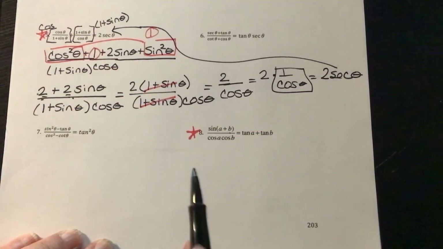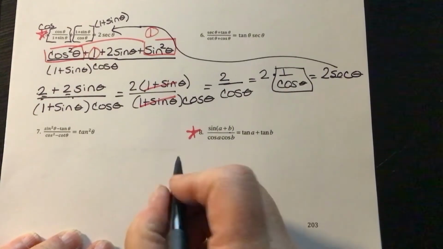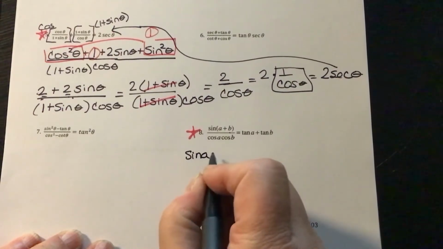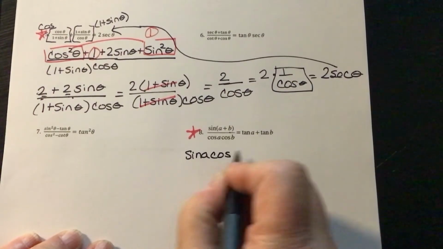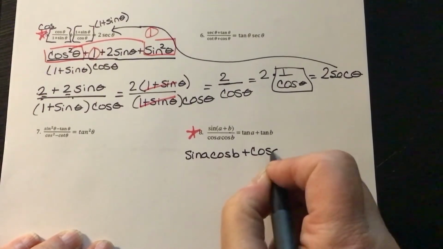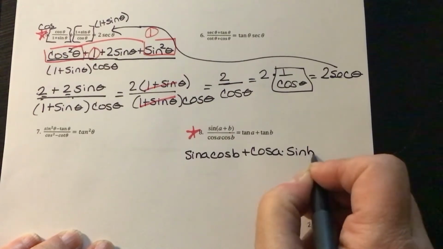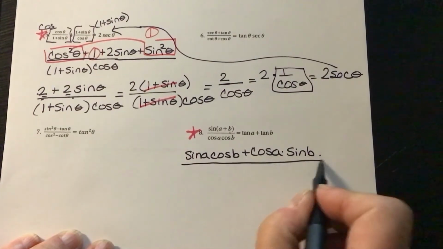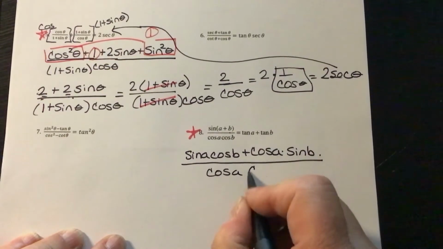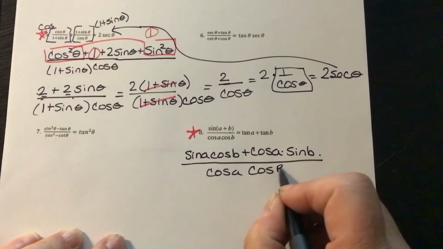And that formula for sine of A plus B is sine A cosine B plus cosine A times sine of B. And on the bottom, I have cosine A and cosine B.